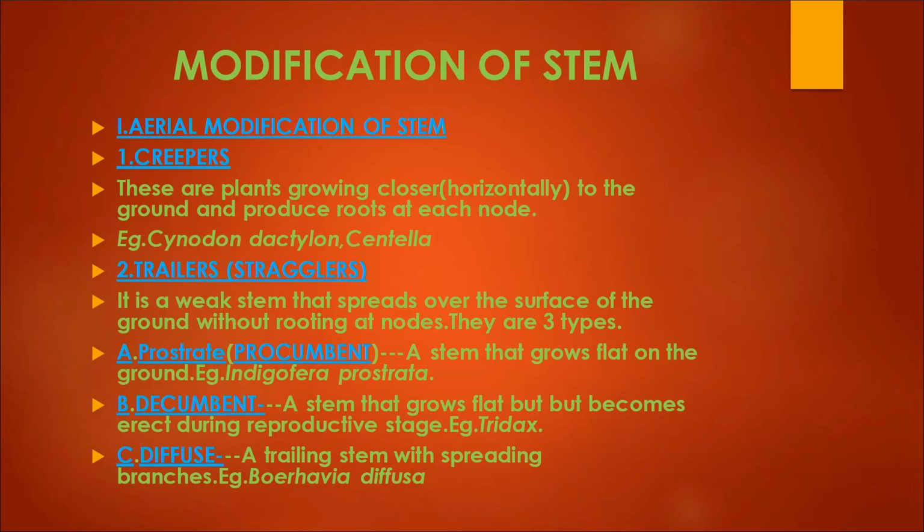Decumbent: here the stem grows flat but becomes erect during the reproductive stage. When it wants to produce a flower, it will become erect, example Tridax. Third one, diffuse, is a trailing stem with spreading branches, example Boerhavia diffusa.